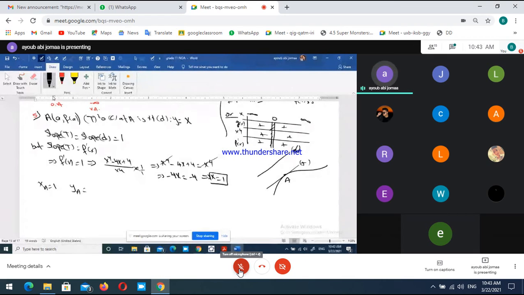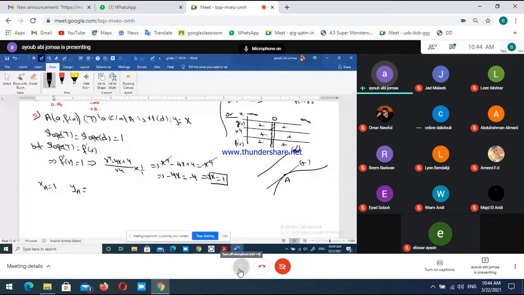What about y of A? How do we find y of A? We don't replace it in the line D, because the point is not on the line D. It is on the curve.